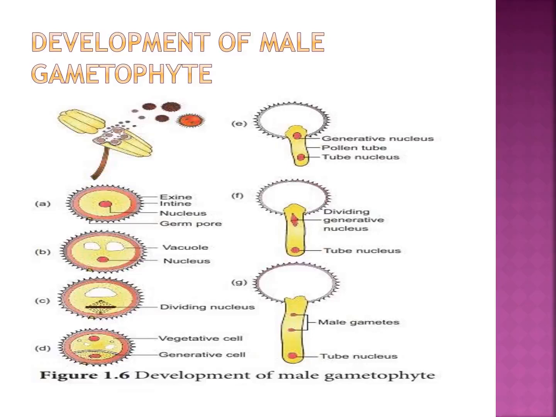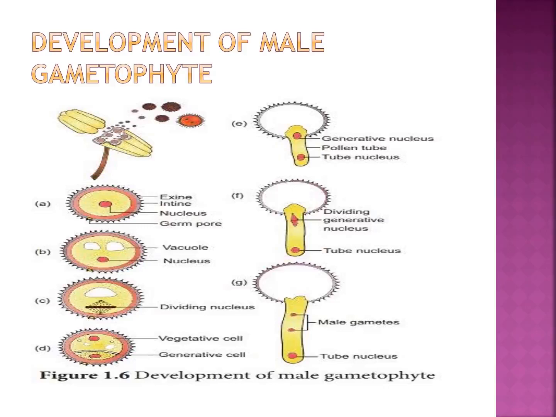So development of the male gametophyte. This picture is available in your book on page number 9. Pictures A shows exine and intine, the nucellus or germ spore.